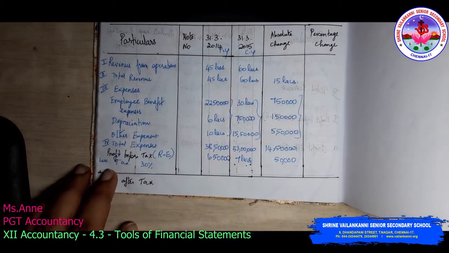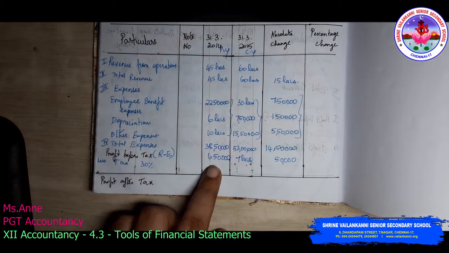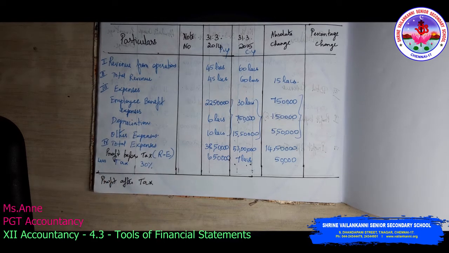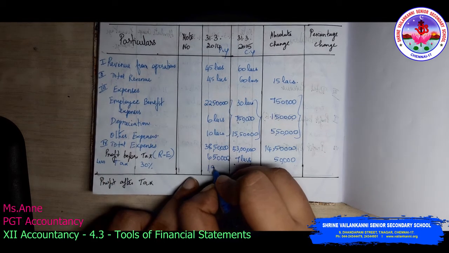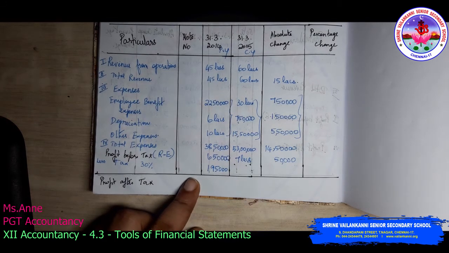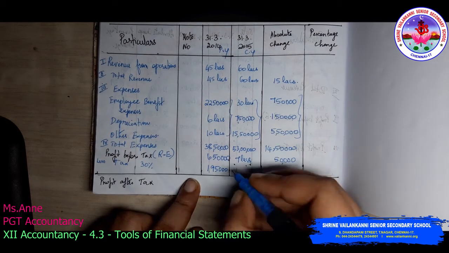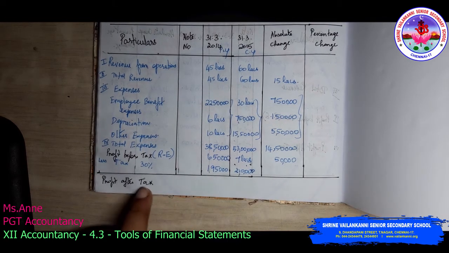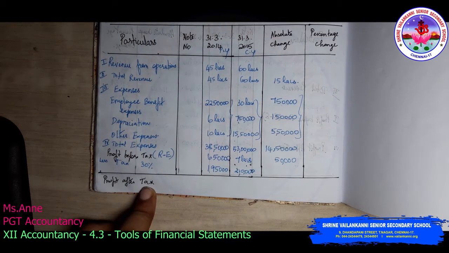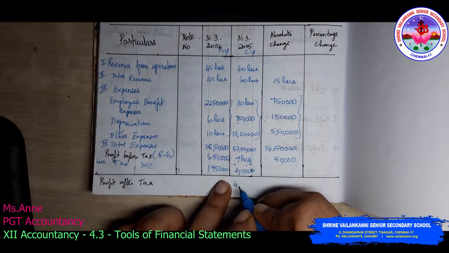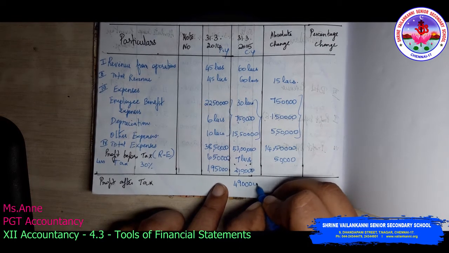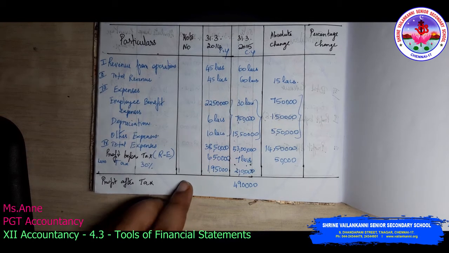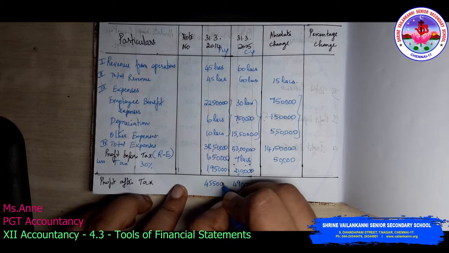Then tax is 30 percentage. So 30 percentage on 6,50,000 will give me 1,95,000. 7 lakhs into 30 percentage will give me 2,10,000. So the remaining will be profit after tax, which is here 4,90,000, and 6,50,000 minus 1,95,000 will be 4,55,000.